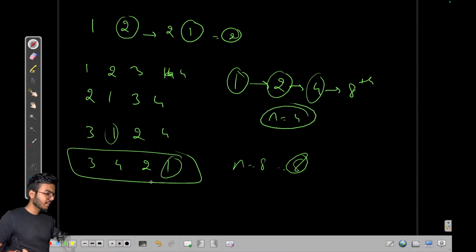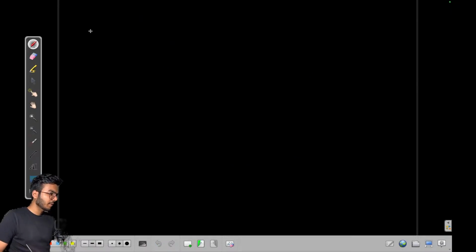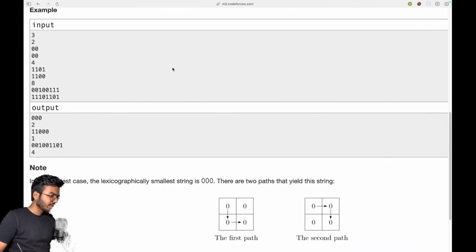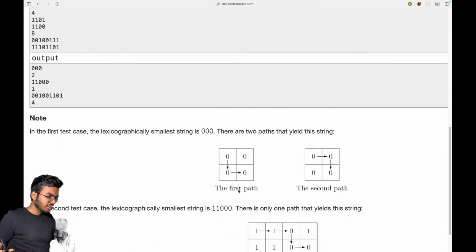Okay, let's see what we can get from here. In this case I had all zeros, and the starting will be 0. It will always be 0 0 0.